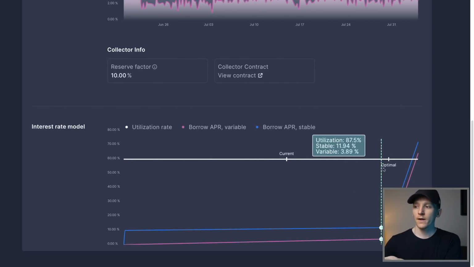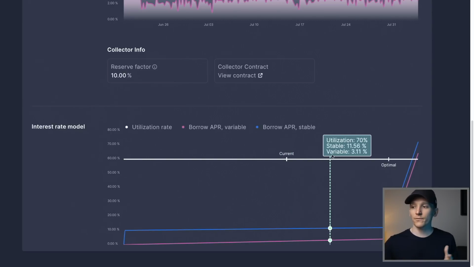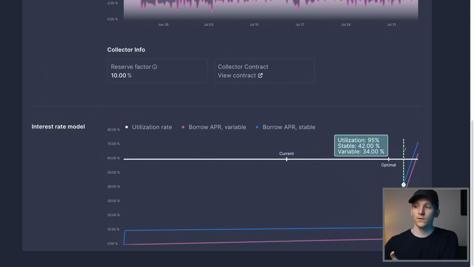But the system, as you can see on the right-hand side, this is the optimal amount where the utilization is 90% of the collateral on there. And as we come down, this is the current. Because there isn't much demand for dollars, the interest rate is very low, but as demand for dollars picks up, the interest rate goes up exponentially to attract way more liquidity onto the platform and balance that supply and demand.